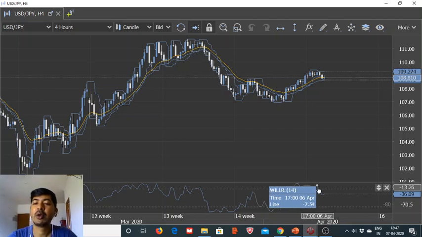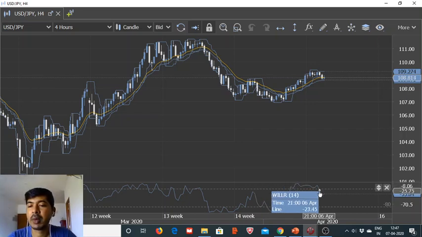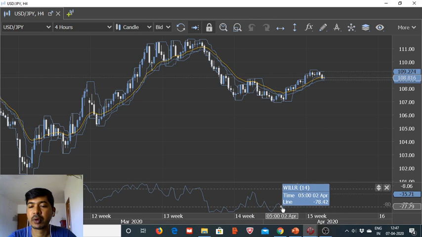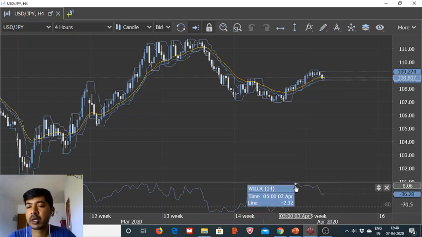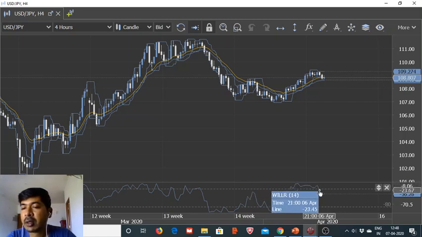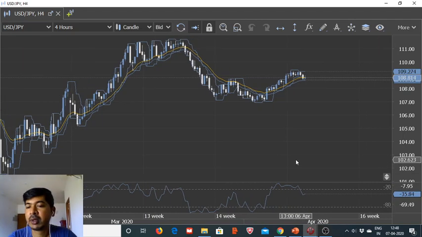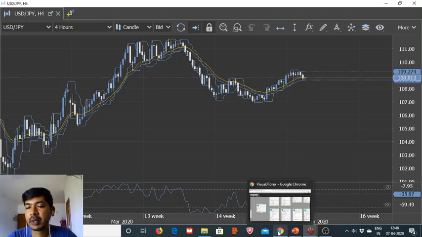For the oversold condition we will need the value to be below minus 70, and for the overbought condition we will need the value to be above minus 30. So that is our requirement.